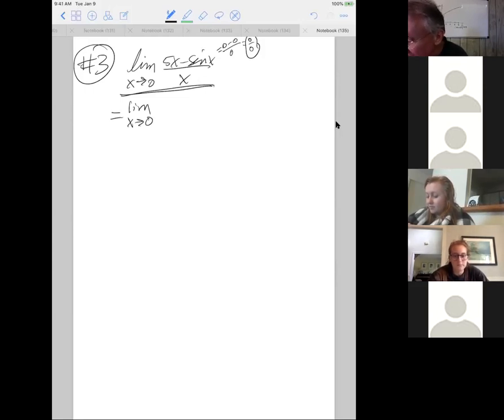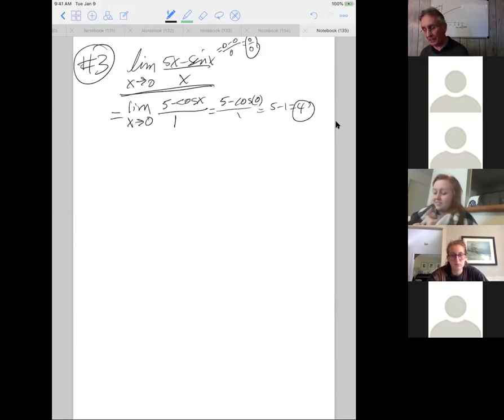So the derivative of the top is 5 minus the derivative of sine, which is cos, over the derivative of x, which is 1. Now we plug in 0 and we get 5 minus cos 0 over 1, which is 5 minus 1, which is 4.